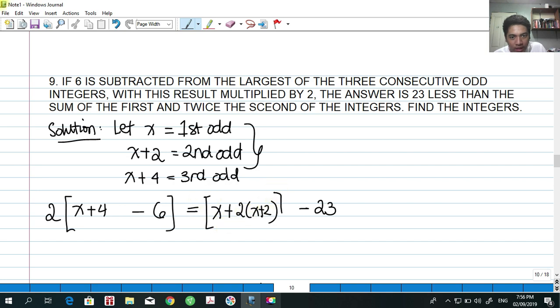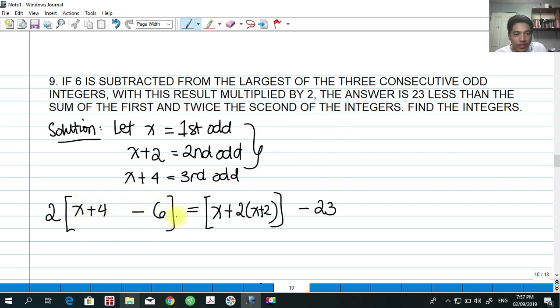Okay? So again, let's have a recap. If 6 is subtracted from the largest of the three consecutive odd integers, this is the largest consecutive odd; 6 subtracted from it is now the expression. With this result multiplied by 2, we multiply 2 by the result of this subtraction.